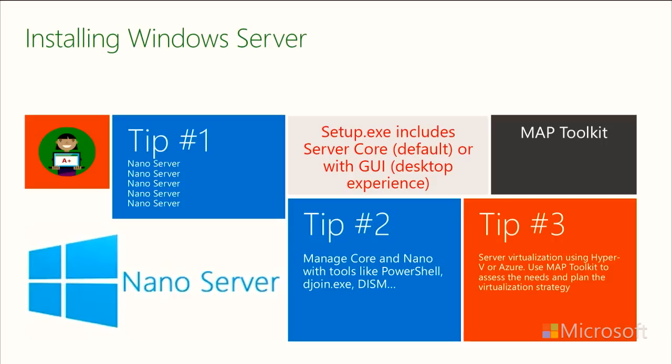WSUS might be another option. Make sure you're familiar with those terms as it relates to Nano. And thirdly, server virtualization. Make sure you have an understanding of how you can use the MAP toolkit to assess the needs and the resources that are available for users that are looking to migrate to Windows Server 2016.